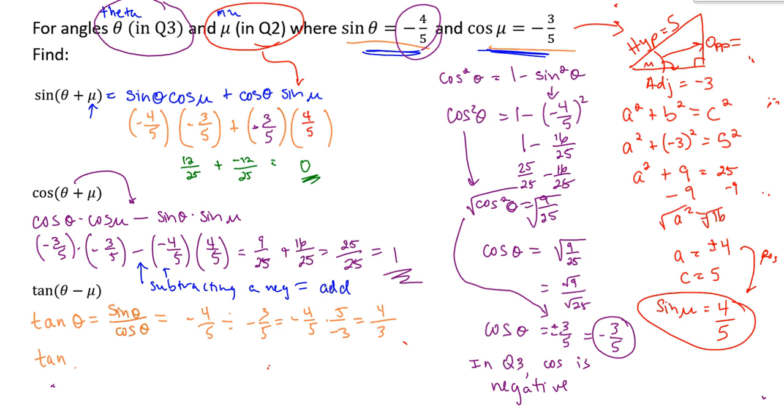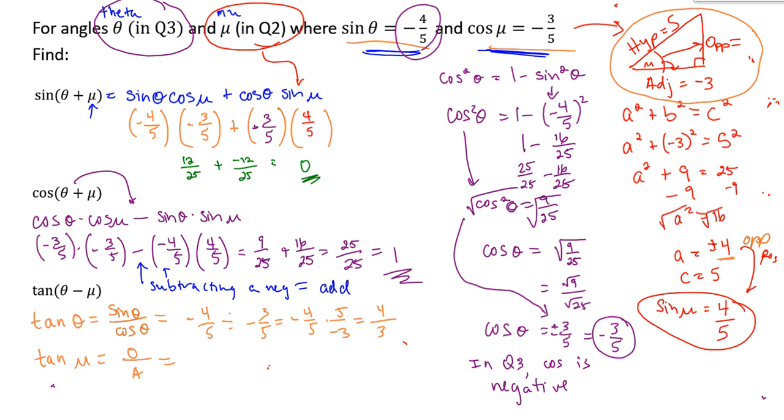Now the tangent of mu, you could also go over here to that right triangle. We know what the opposite is, so we can think of it as opposite over adjacent.